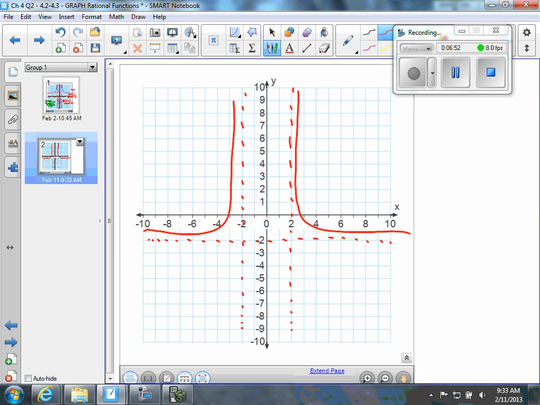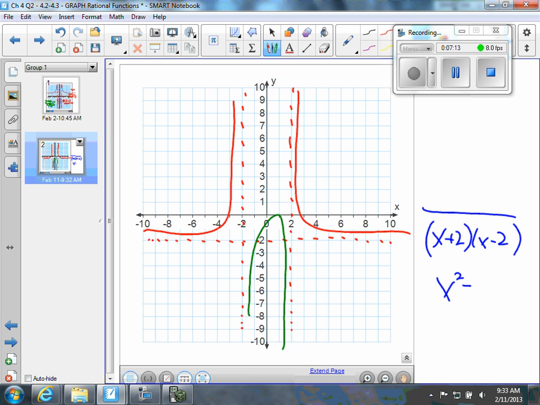But in this part here, it touches there. Okay, my denominator is still x plus 2, x minus 2, so it's still x squared minus 4.